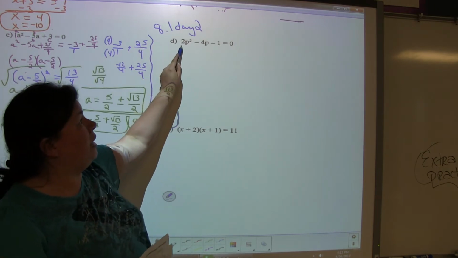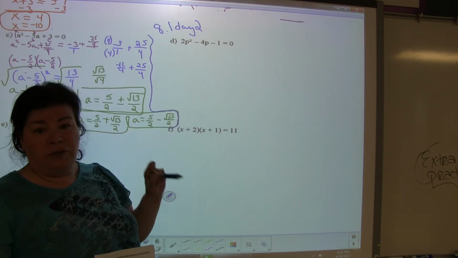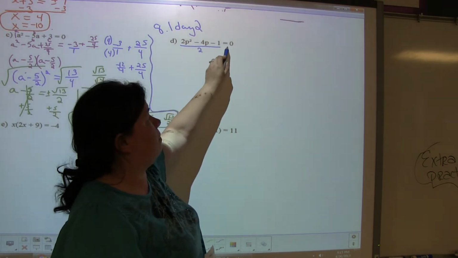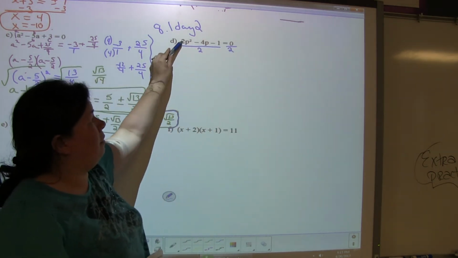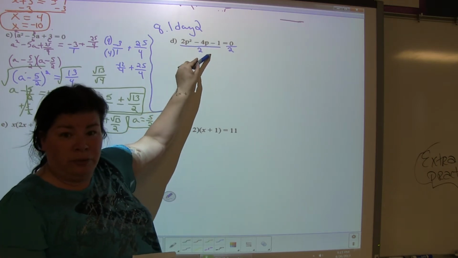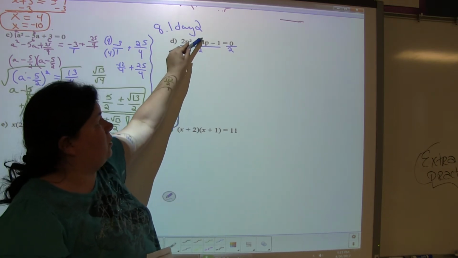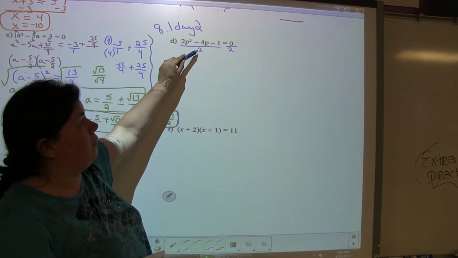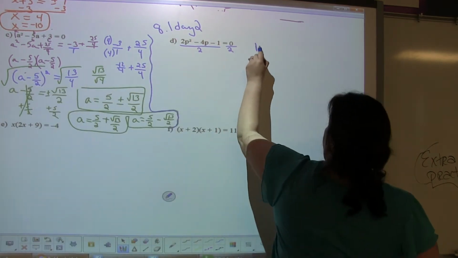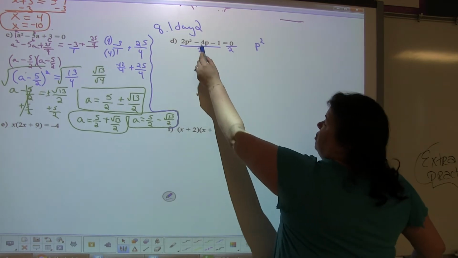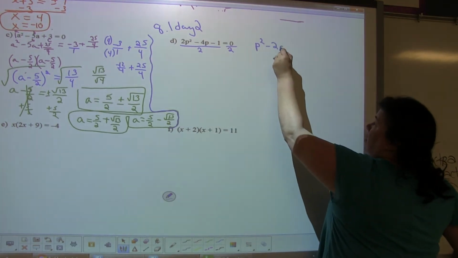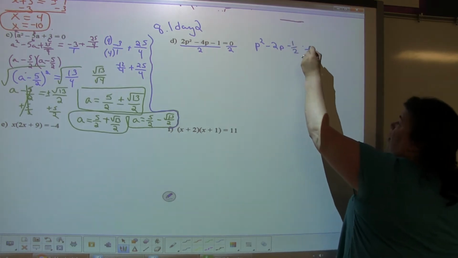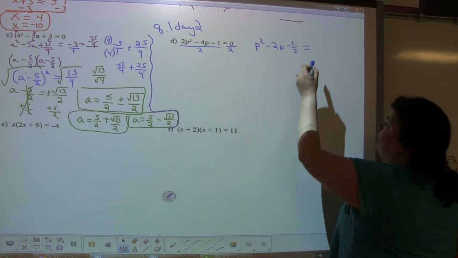So to get rid of this coefficient of 2, we're going to have to divide both sides of our equation by 2. And remember that these are separate terms. So if I divide each separate term by 2, I'm going to end up with p squared minus 2p minus 1/2 equals 0, because 0 divided by anything is 0.